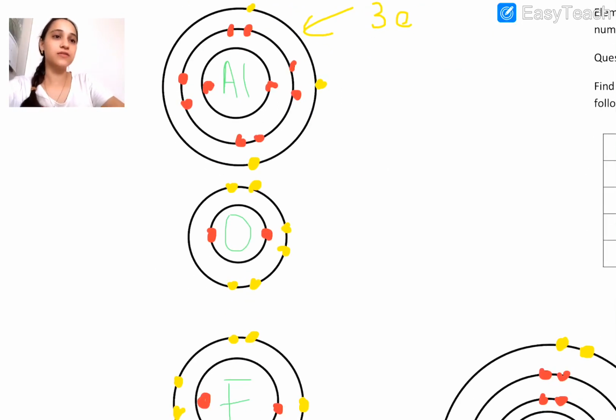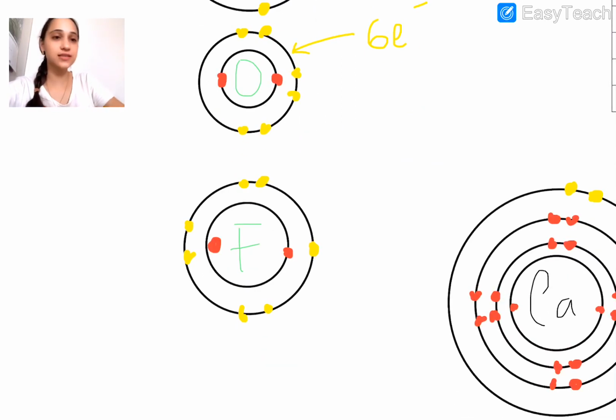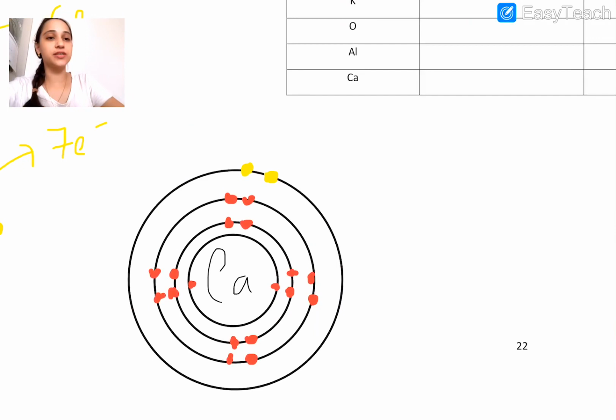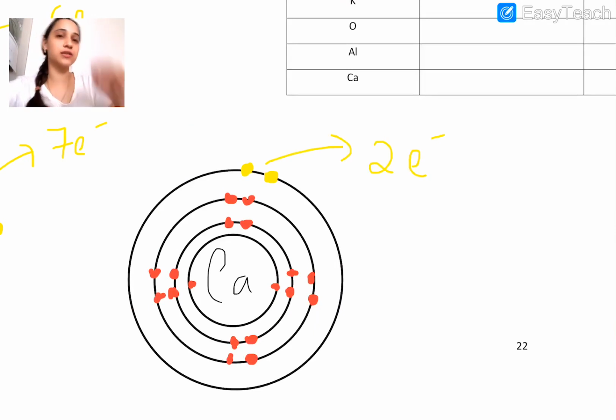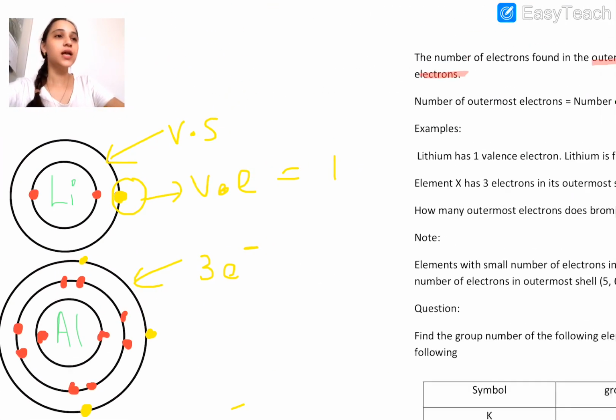Oxygen, 1, 2, 3, 4, 5, 6, so there are 6 electrons in the outermost shell, so the number of valence electrons is 6. Fluorine, 1, 2, 3, 4, 5, 6, 7, so there are 7 electrons in the outermost shell. Calcium, that's 2 electrons in the outermost shell. Okay, make sure you know how to draw these diagrams well.